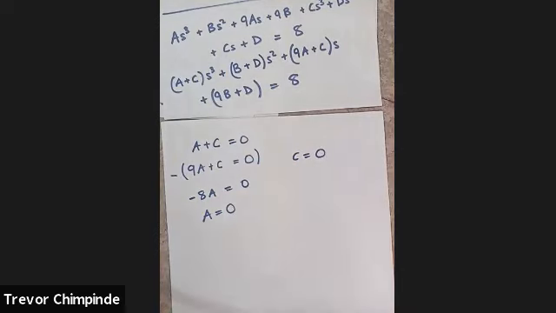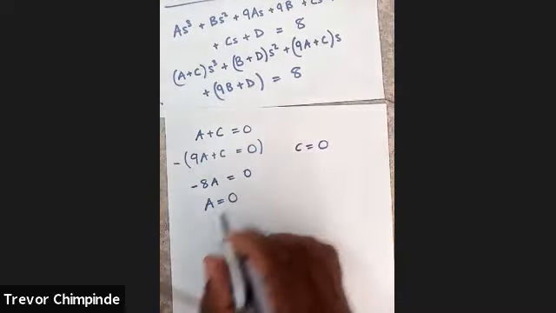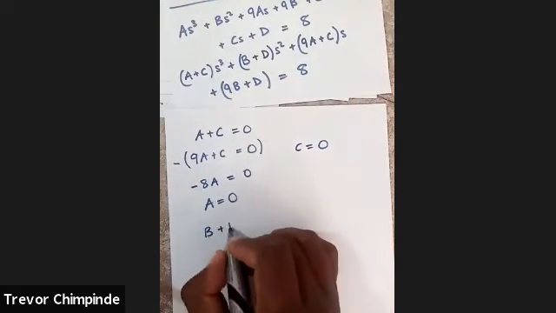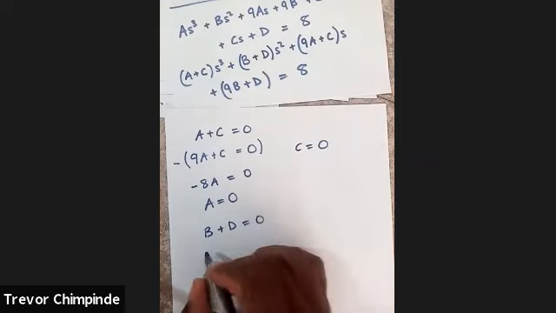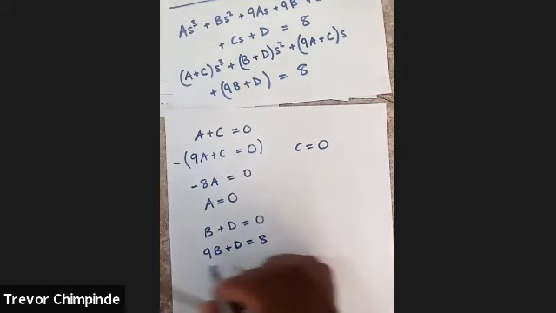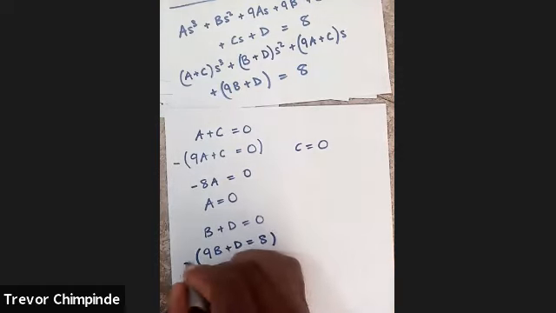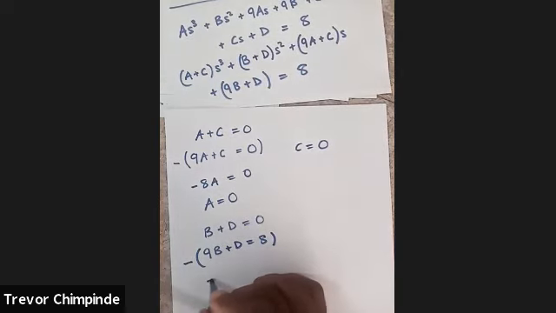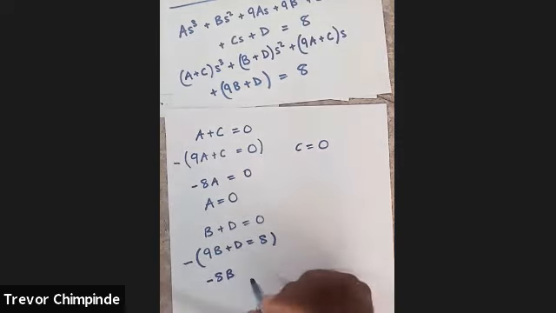Okay. How about b and d? So we have that b plus d is equal to 0, and 9b plus d is equal to 8. So again, subtracting, we get b minus 9b is negative 8b, d minus d is 0, which gives us 8.